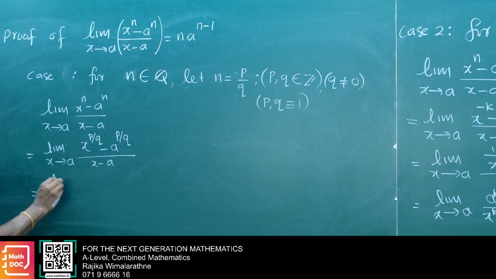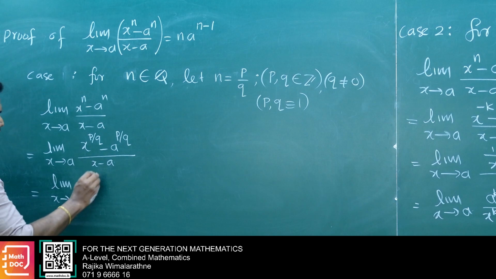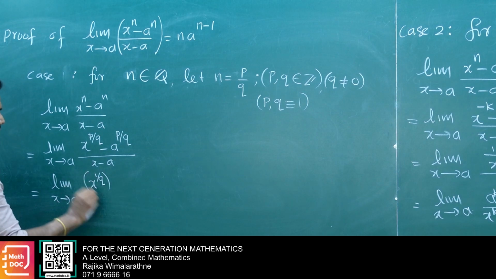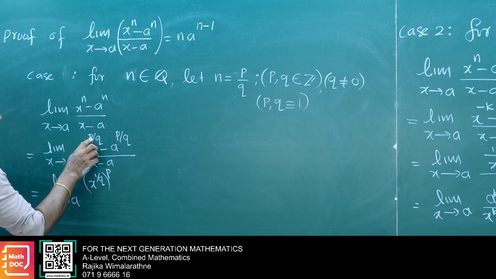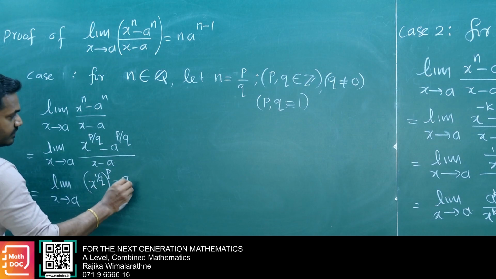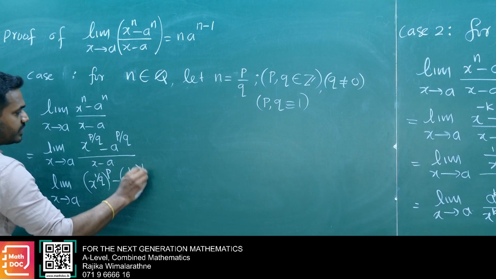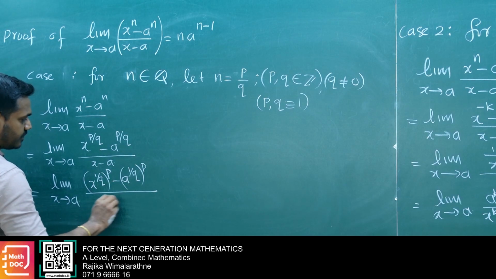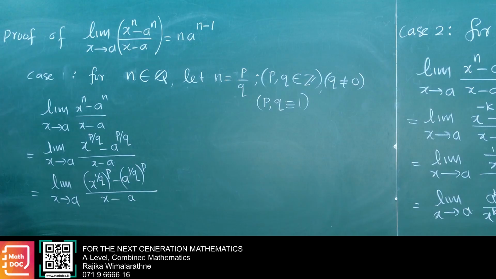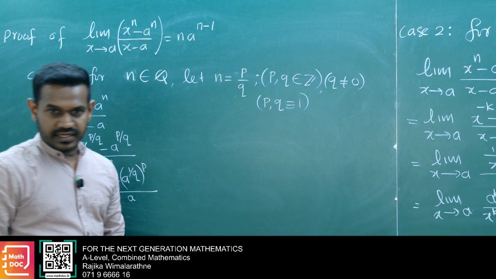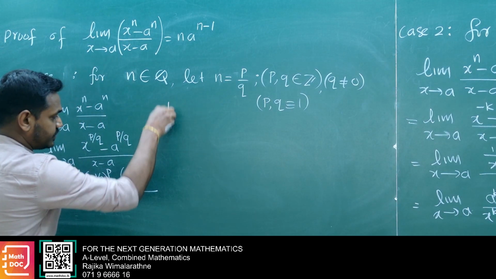Further, limit x goes to a, I'll do this, say (x to the power 1 over q) to the power p. Here this power take outside. (a to the power 1 over q) to the power p, over x minus a. Okay. Then I'll use substitution.